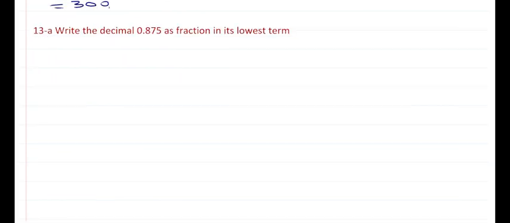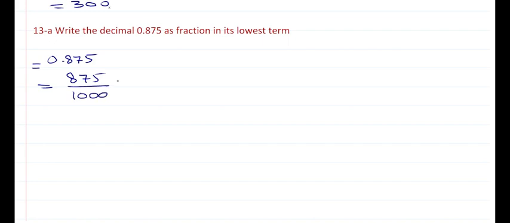Solve this question. 13a: write the decimal 0.875 as a fraction in its lowest terms. 0.875, because there are 3 digits after the decimal point, we can write this as 875 divided by 1 and 3 zeros.